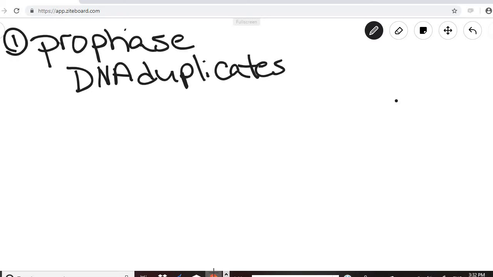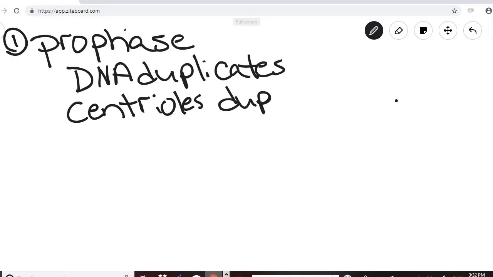And then there are little structures that I think we talked about when we learned about the parts of a cell, called centrioles, and they also duplicate.